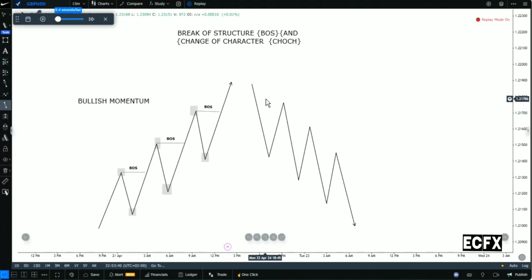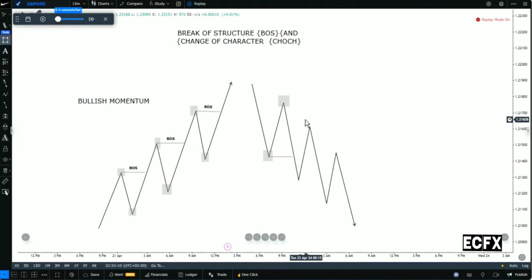So instead of breaking structure to the upside, we will now be breaking structure to the downside, right? So here, as you can see, price put in place a lower high, and then price put in place a lower low.